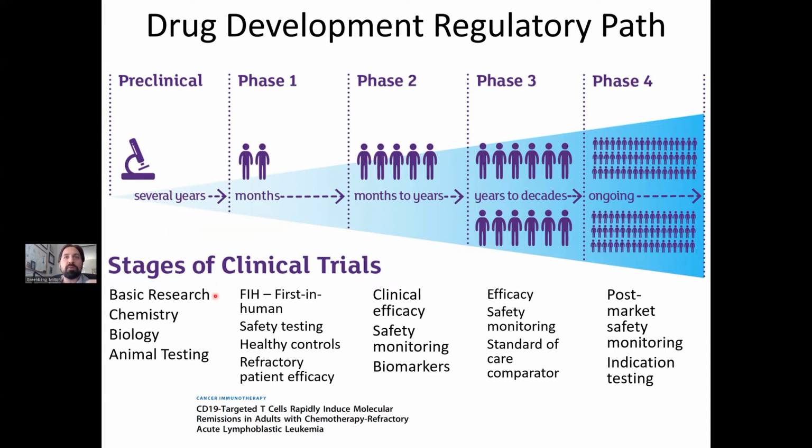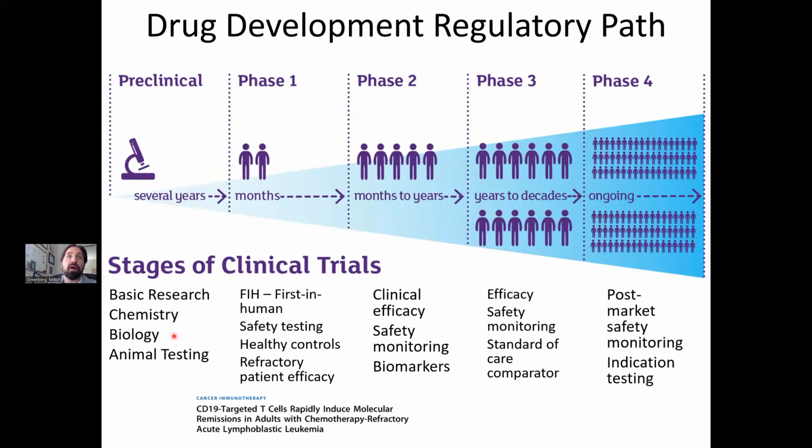The way we do that is we use basic research. Basic research helped us identify molecules like CD19 that are targeted here. It also helped us identify these signaling pathways that are changed in these immune cells in different immune settings. This involves a lot of chemistry and biology.